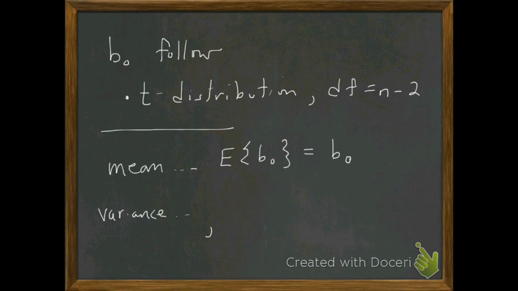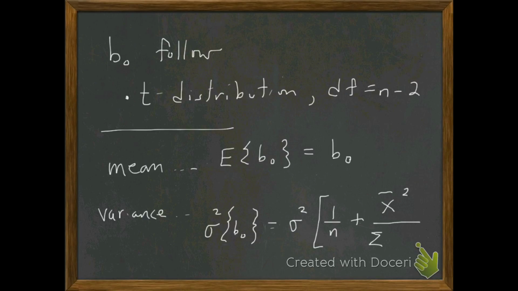And it turns out that our variance, I hope I allow enough space here to write, is sigma squared times 1 over n plus x bar squared over the sum of x sub i minus x bar quantity squared. I hope you can read that.